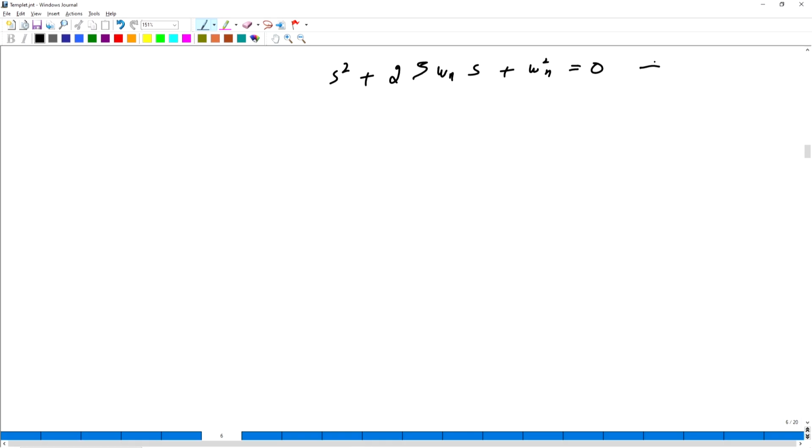Again, this has been discussed by Professor Deepak Giri in the first course. Please revise your concepts if you are unaware of these equations. So this equation is generally known as the characteristic equation. We need these equations so that we can use them in our MATLAB environment. Hence, we are revising this.